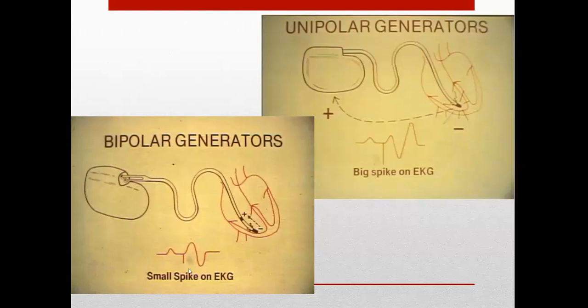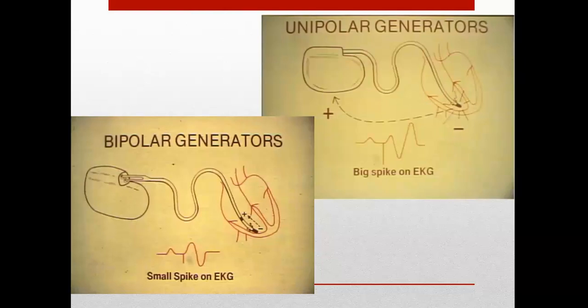So in a bipolar system, we've got a negative and a positive electrode that are in contact with the patient's heart. That pulse generator initiates the electrical impulse that then travels from the negative lead, exiting out of the negative electrode to the patient's heart. The electrical impulse, or the current, then returns to the positive electrode, completing the circuit.